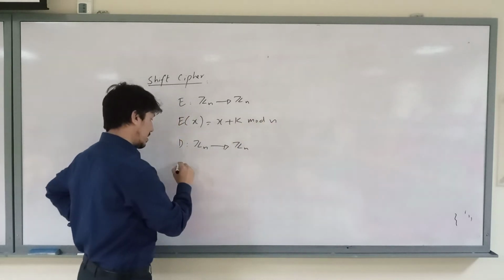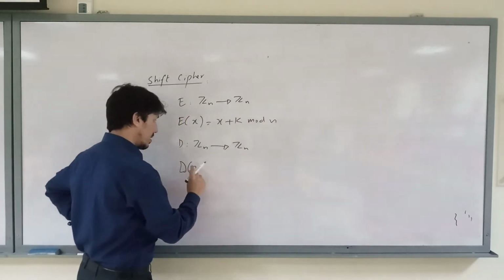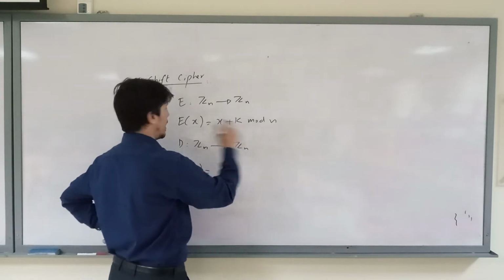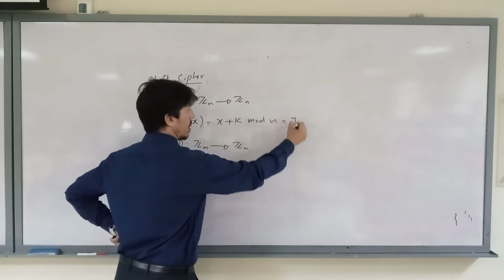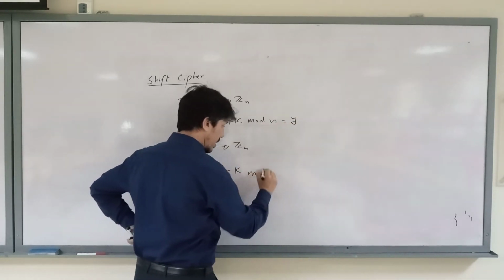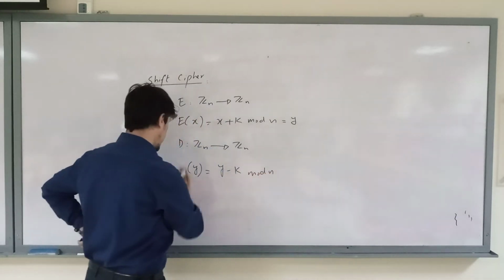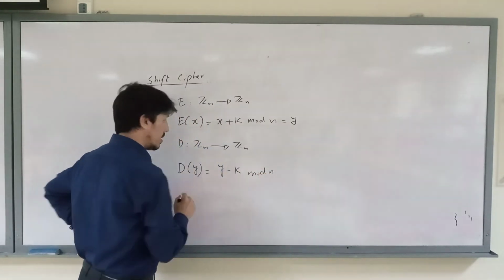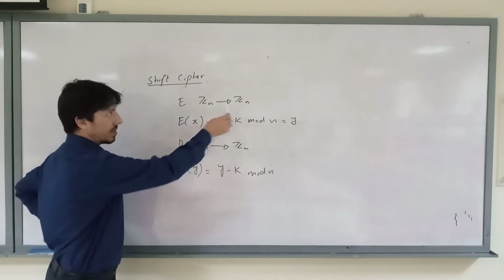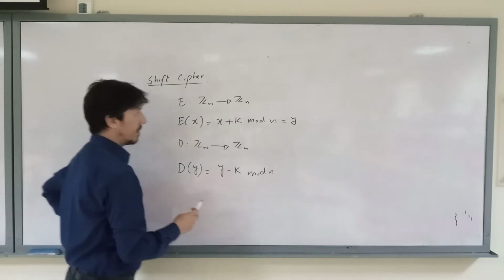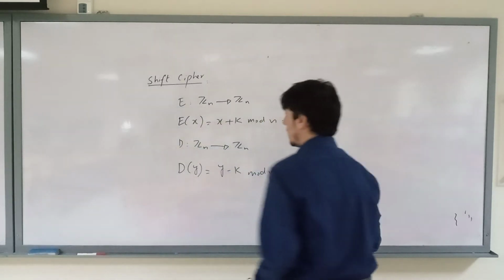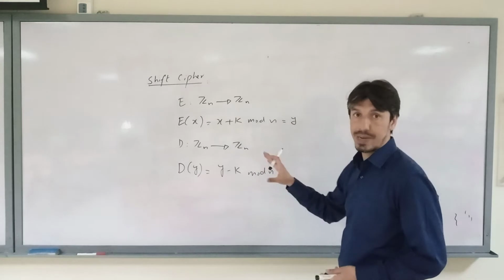Then decryption takes the output, which I call y, that is y minus k mod n. So this is the default decryption. You can see this is from set to set, and I am generalizing this over matrix algebra.